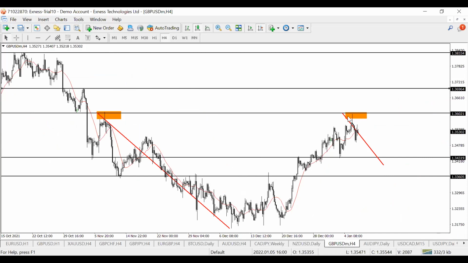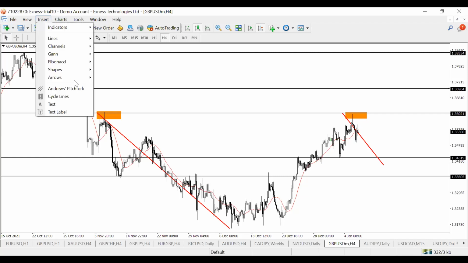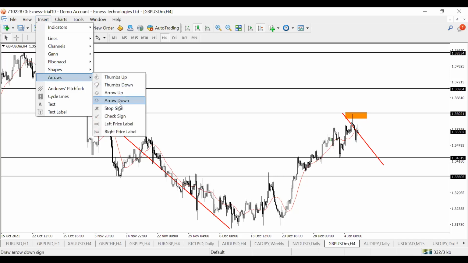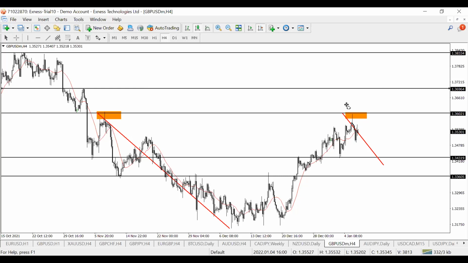You want to sell here. Where are you supposed to put your stop loss? You're supposed to put your stop loss here.